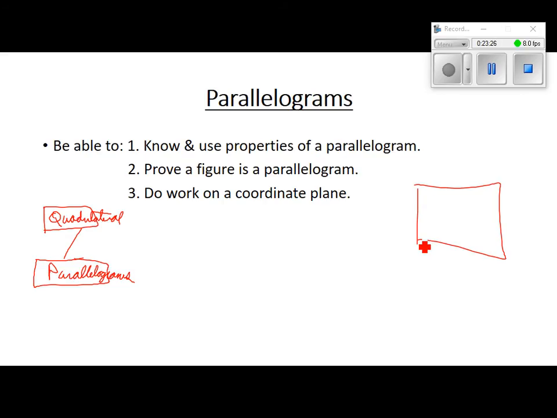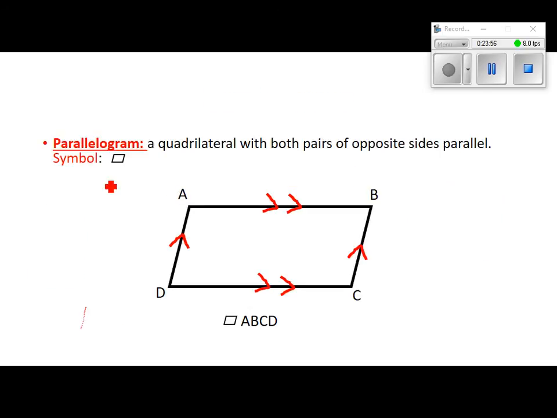So know and use properties of a parallelogram, prove a figure is a parallelogram. And you're gonna have to do stuff on a coordinate plane, or on a graph. If we're on a graph, what have we used every time this year? Distance formula, midpoint formula, slope formula. Gotta know all those. That's why we've been going over them so much lately.